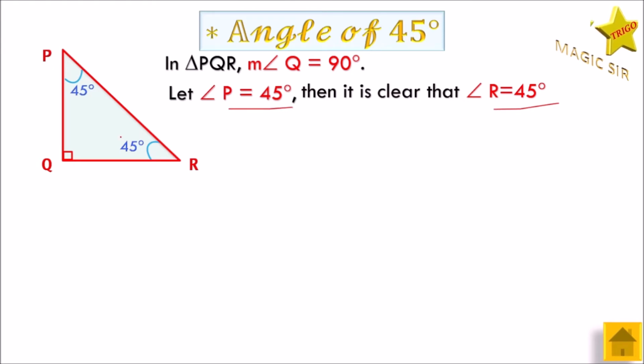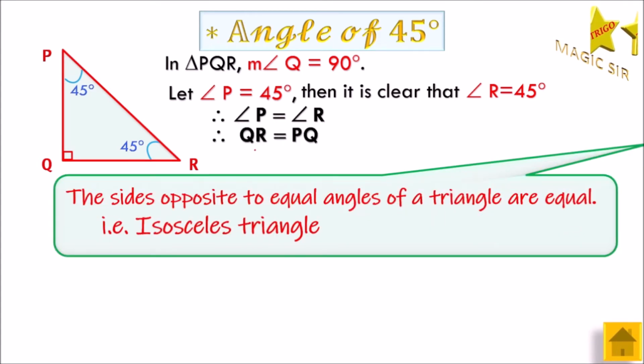We have angle P is equal to 45, angle R is equal to 45 degree. Both are same. So angle P is equal to angle R. But we know that the sides opposite to equal angles of a triangle are equal.